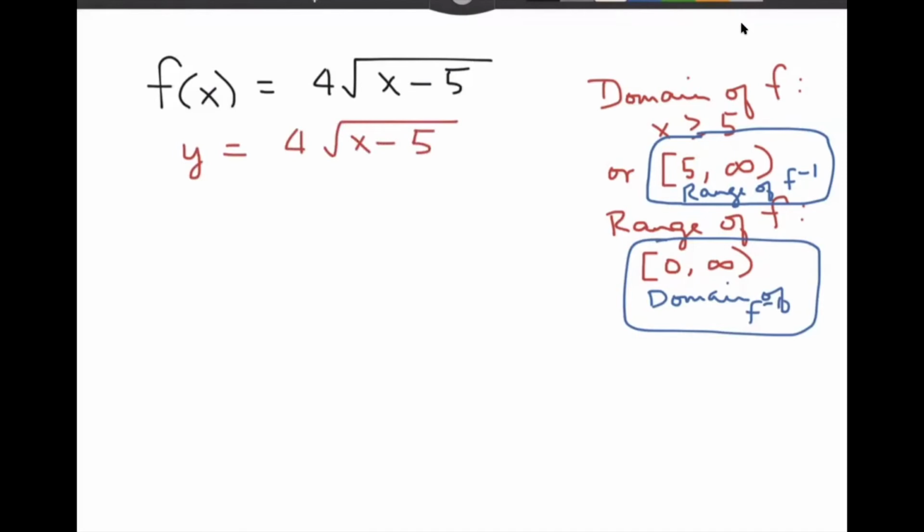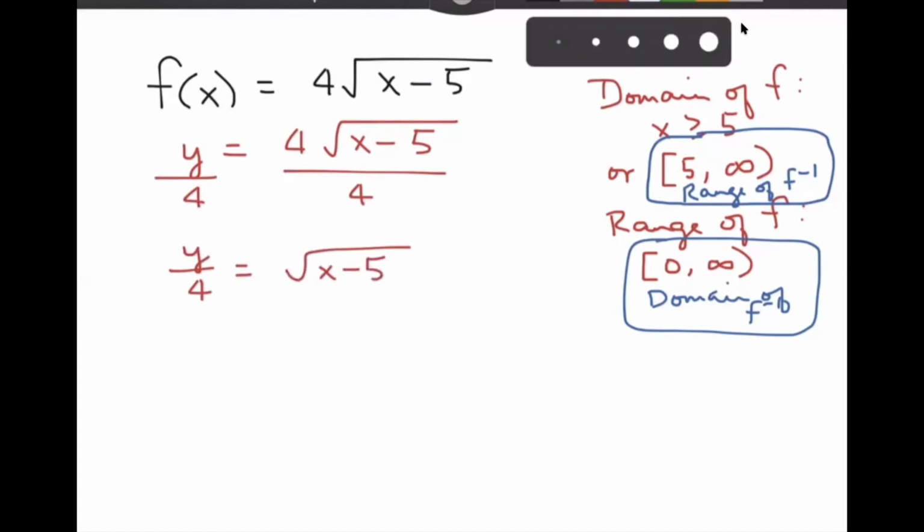So the first thing I'll do is divide both sides by 4. And that gives me y over 4 equals the square root of x minus 5. Now I'm going to square both sides.